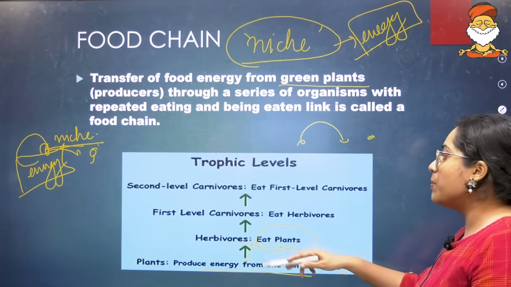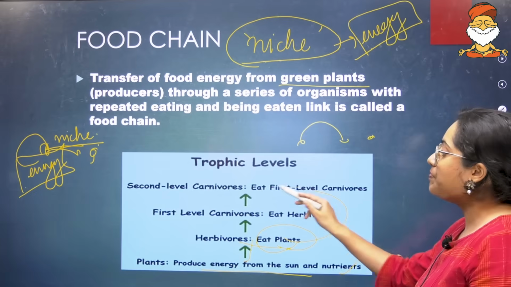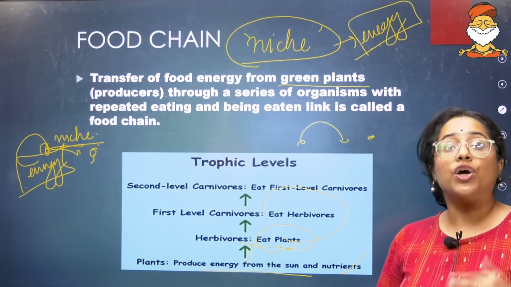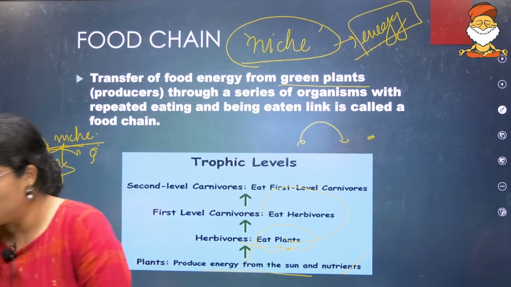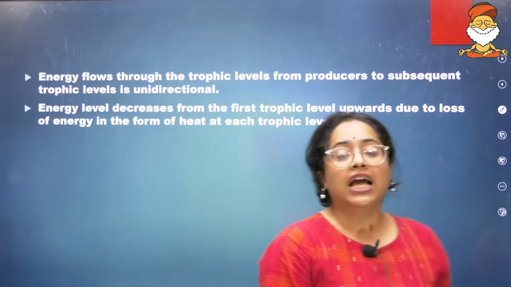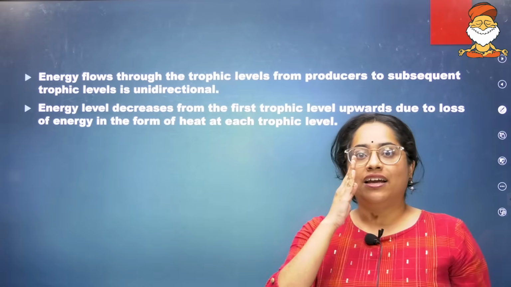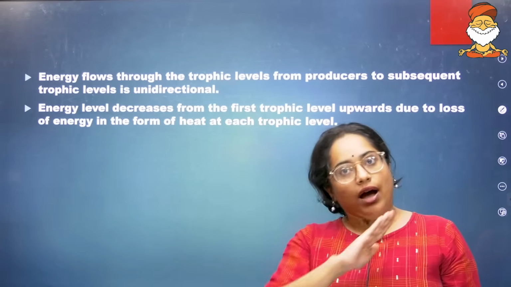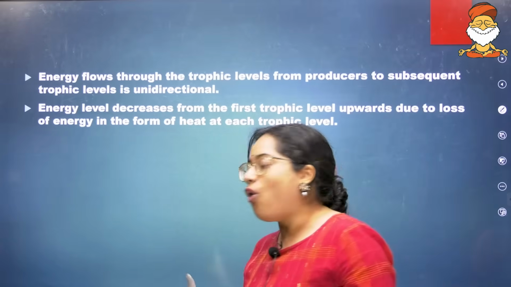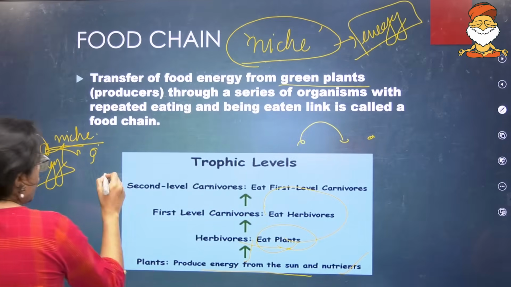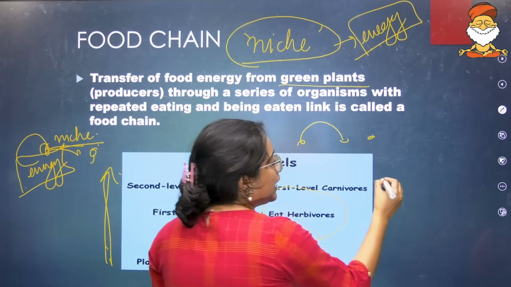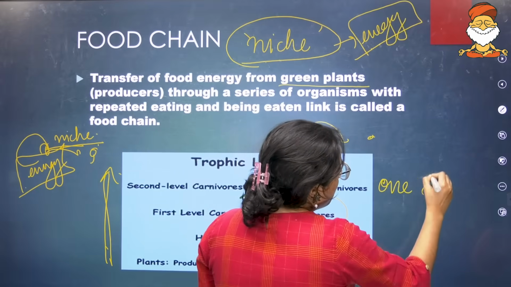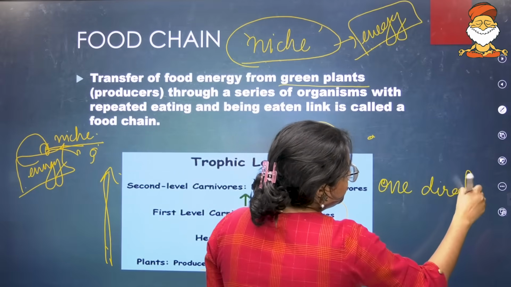Then you have first level carnivores which will eat the herbivores, and so on and so forth. So this is a food chain, and understand, the energy from a food chain always flows unidirectionally. Unidirectional means only in one direction.